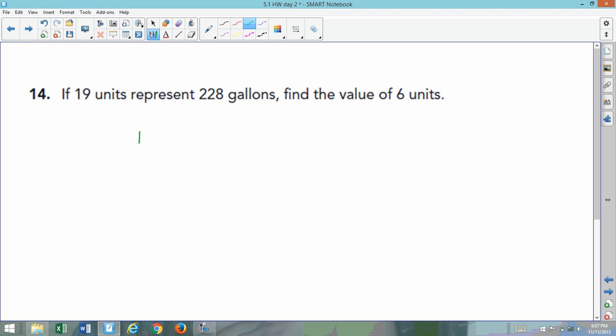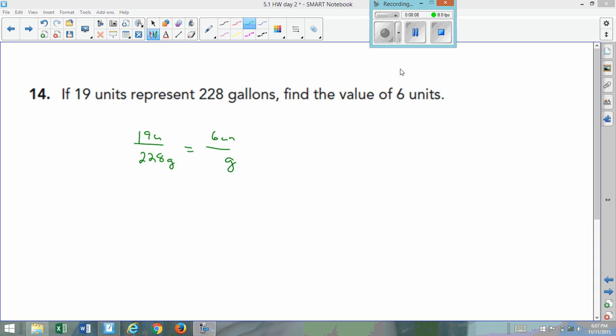19 units represents 228 gallons. Find what it is if we're doing 6 units. Equals how many gallons? I looked at this one and I said, well, can it be reduced? And it actually can.